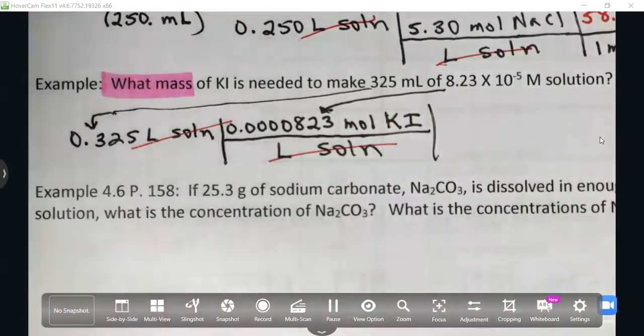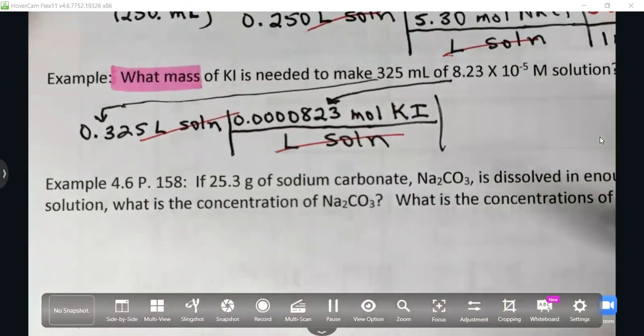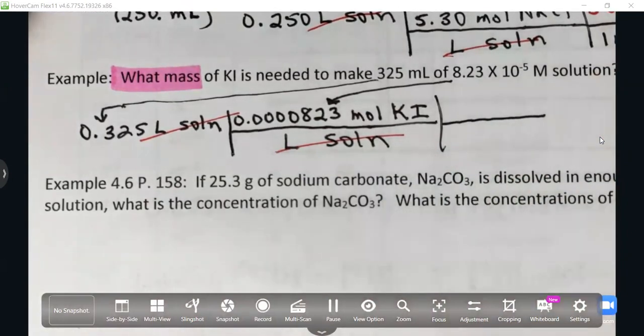And liters of solution cancel out. And we've got to get grams, so we're just going to go mole to grams now.